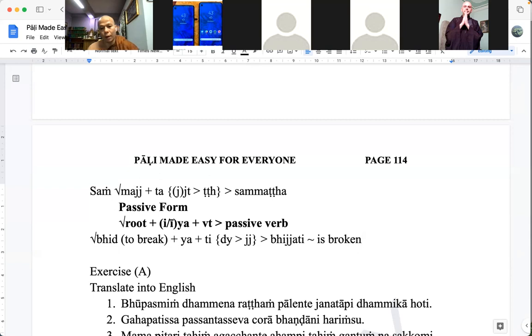So all of the verb forms. To form the passive, in this way, the passive suffix ya. But here, i in some rules is added, in some rules not.